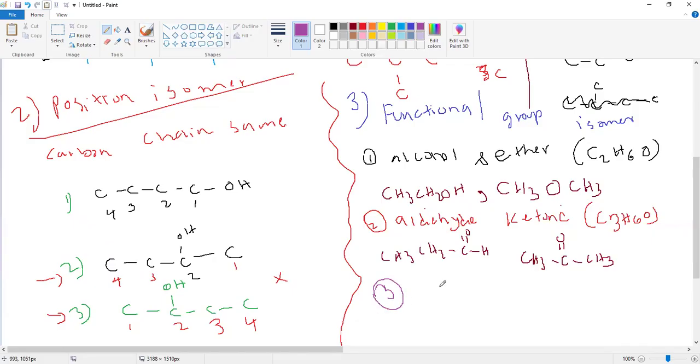Then we also have carboxylic acid and ester. Okay, these are the functional group isomers, but usually these haven't come up in questions. Still, you have to remember them, not all of these.